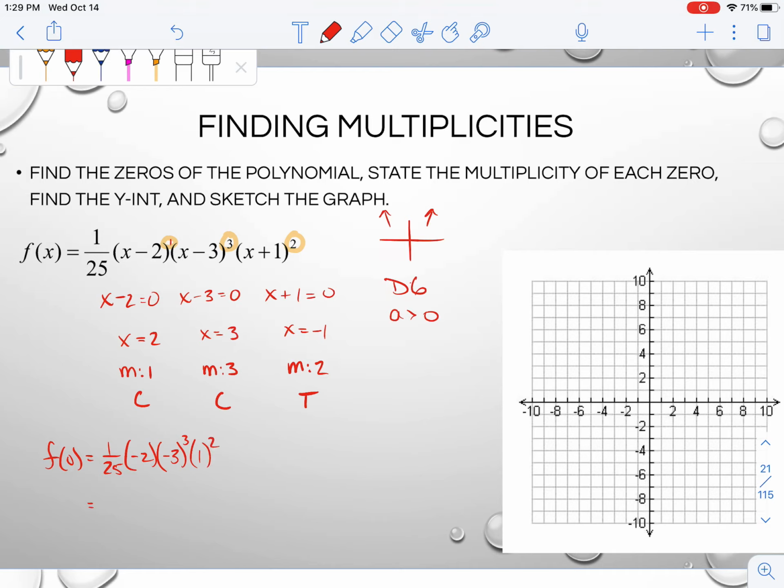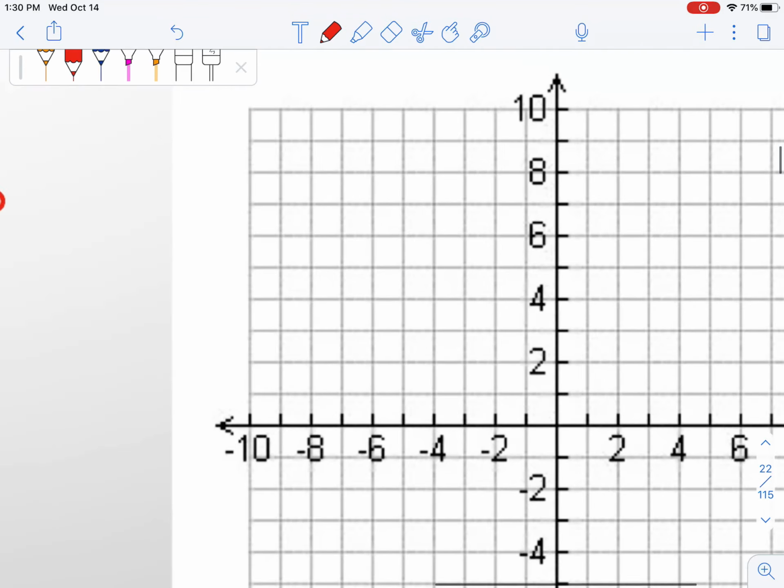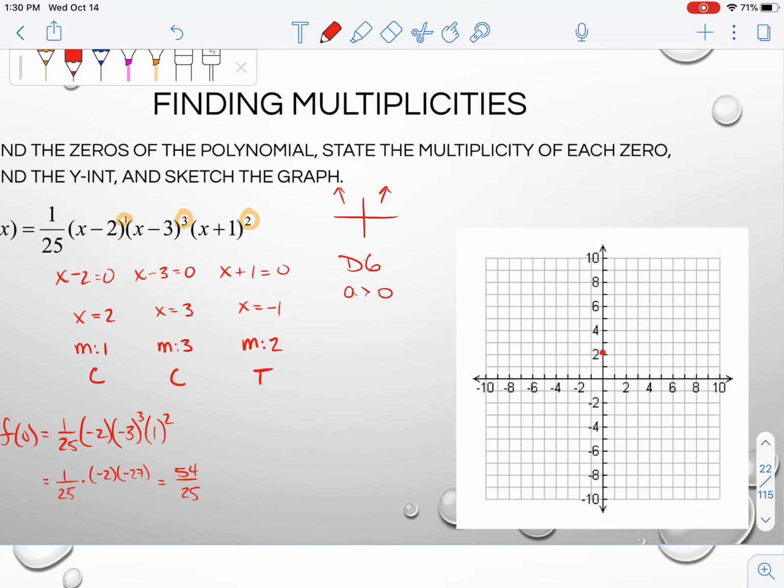So if I do a little bit more simplification, I have 1/25 times negative 2 times negative 27, which gives us 54/25ths. So 54/25ths is going to be a little bit larger than 2. So I know that I'm going to have a y-intercept somewhere right about here.